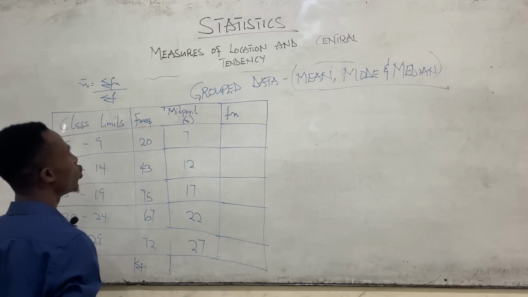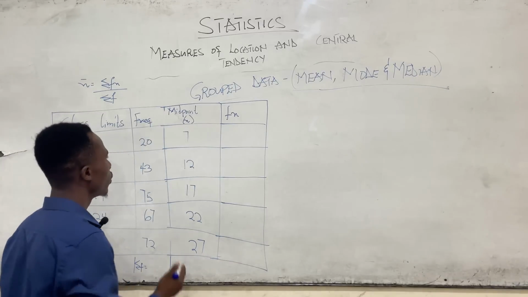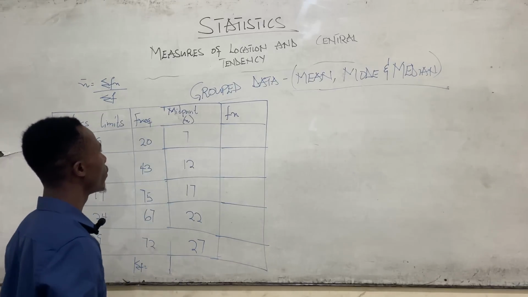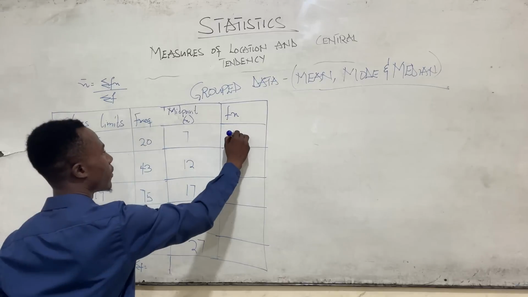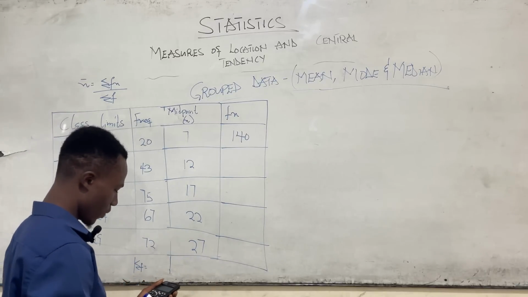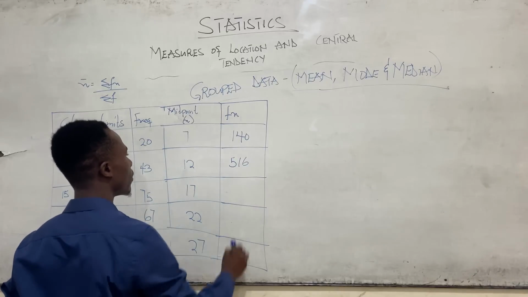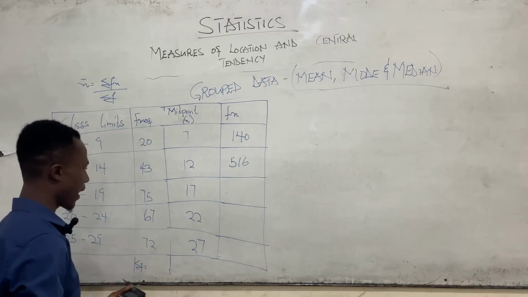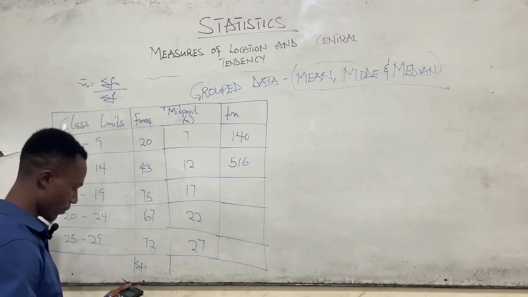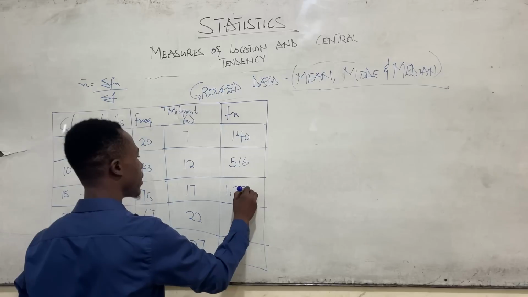So now what we are going to do is multiply each frequency by what? The midpoint. So 20 by 7 will give us what? 140. Now 43 by 12 will give us 516. 75 by 17 will also give us what? 1275.